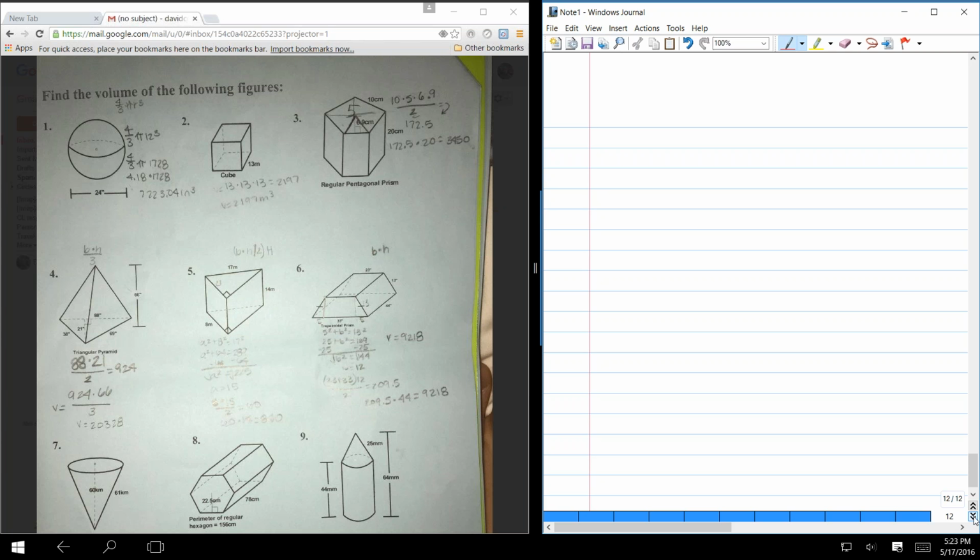What's the volume of a sphere? General formula. The sphere isn't it 4 pi r cubed? 4/3 pi r cubed. Okay. Surface area of a sphere is 4 pi r squared.